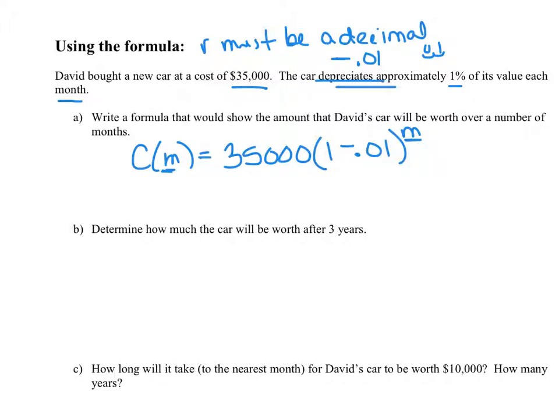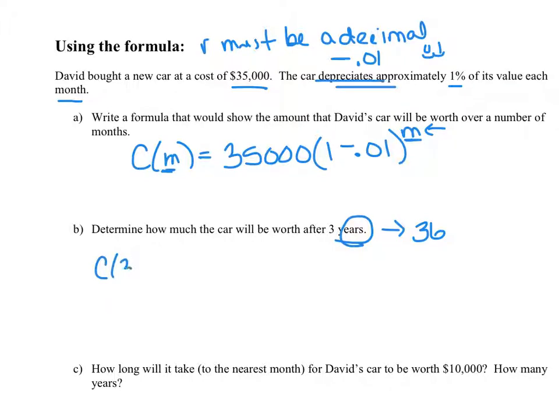So there's my formula to determine how much the car will be worth after 3 years. So this says years, but I'm in months. So how many months are there in 3 years? Well, that would be 36. So M is 36, and we simply plug it in.